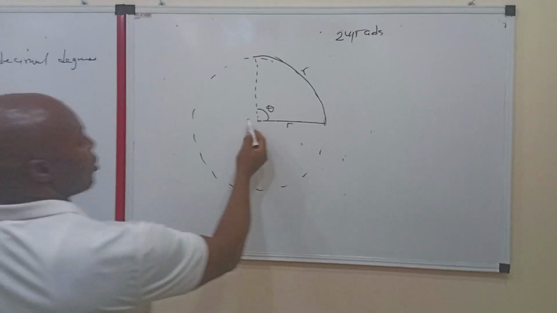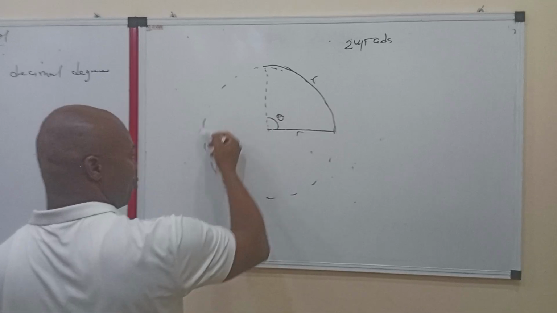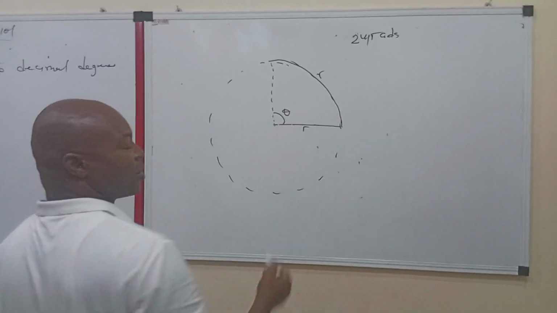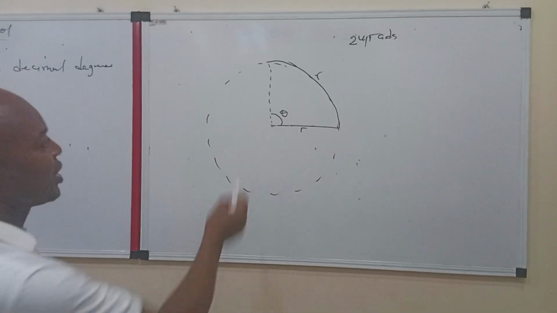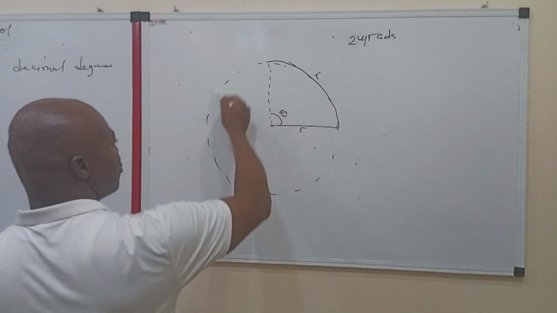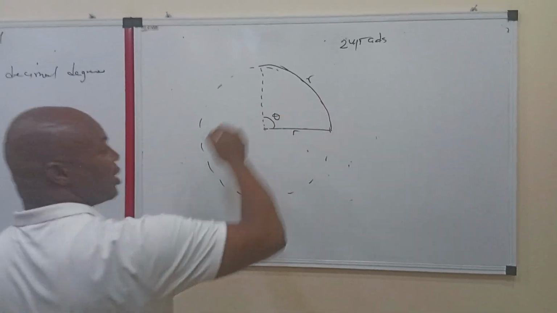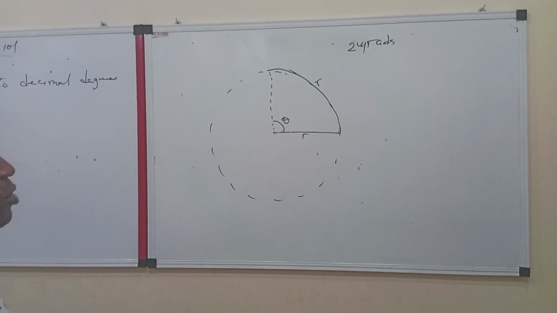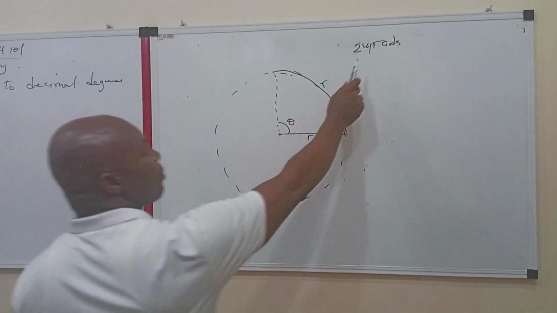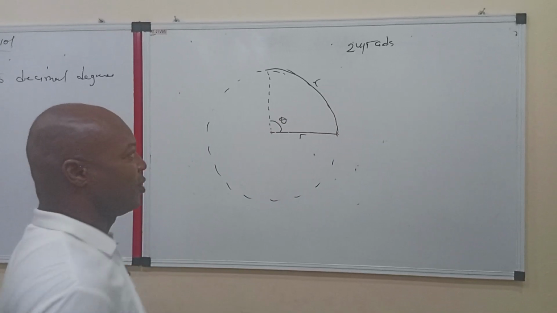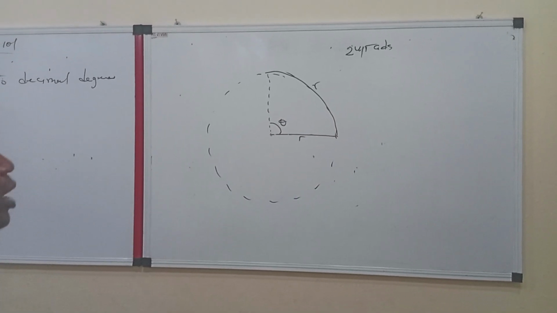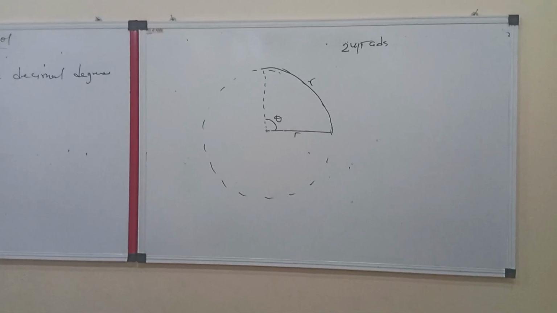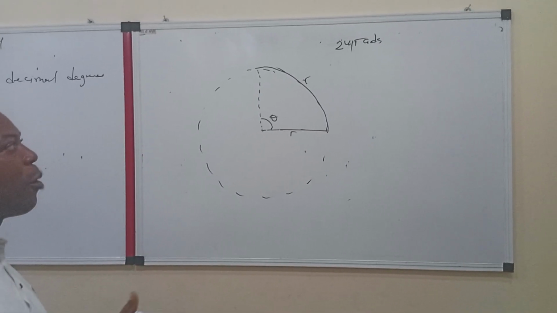So if it moved back to this point, in terms of degrees, that is 360 degrees, but in terms of radians, having moved around the circumference of a circle, it is 2 pi radians.